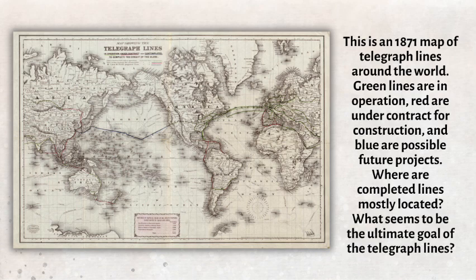I know you can't see the green on your guided notes, so you're going to have to look at the slide here. What do you notice about the connected green lines? After you've examined that, I want you to think about this. What seems to be the final goal of these telegraph lines?